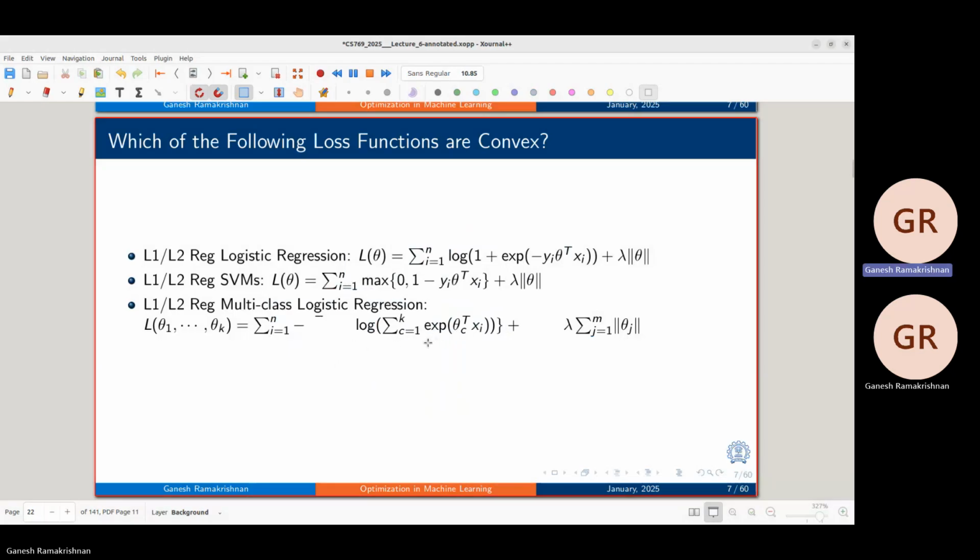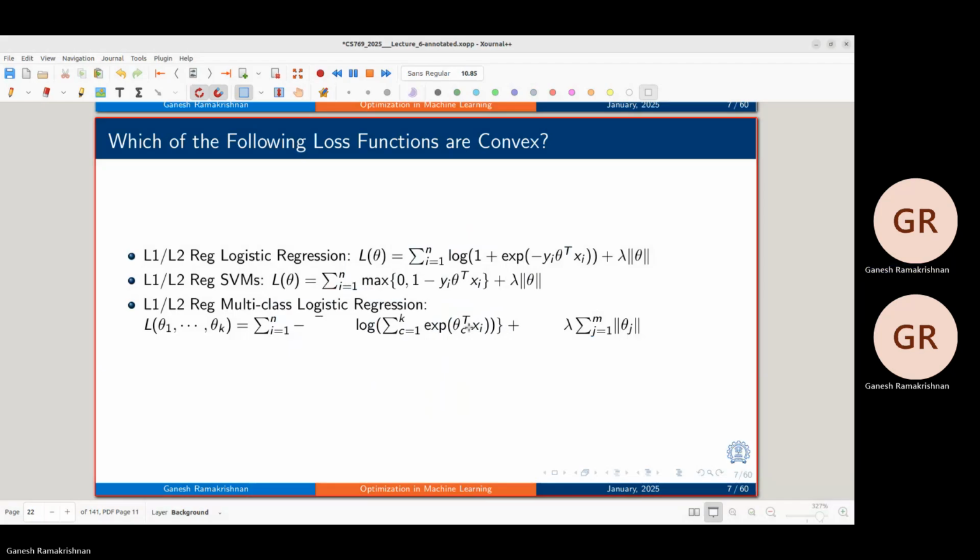There's a yi missing out here. So how should the yi manifest itself? Let's write this down. We've done this for logistic regression earlier. Earlier yi was 0 or 1. Now we have yi coming out as an index into the class. So only the theta corresponding to that yi will matter.